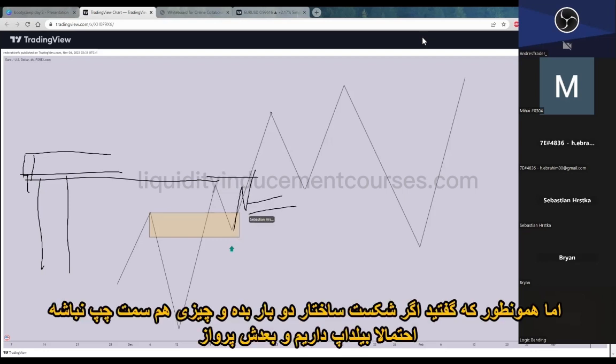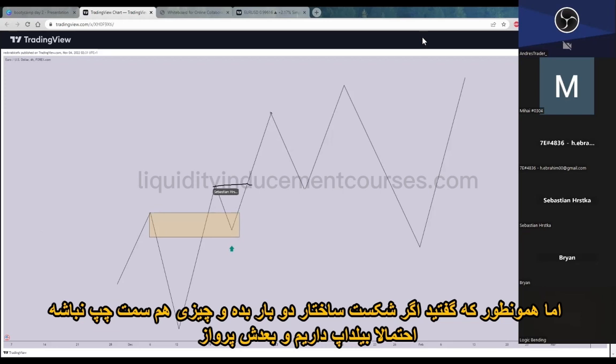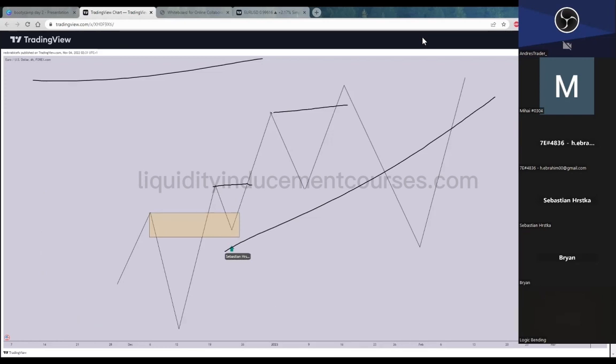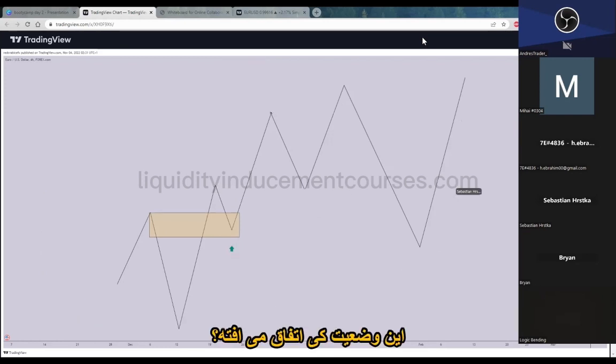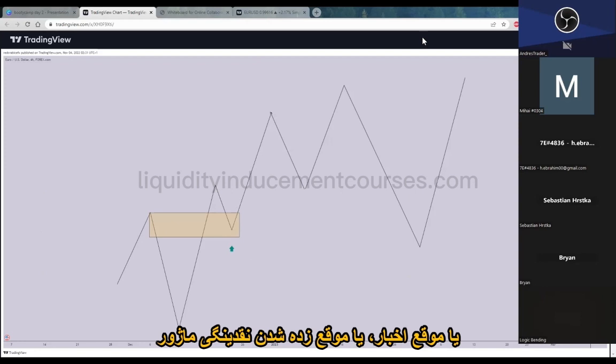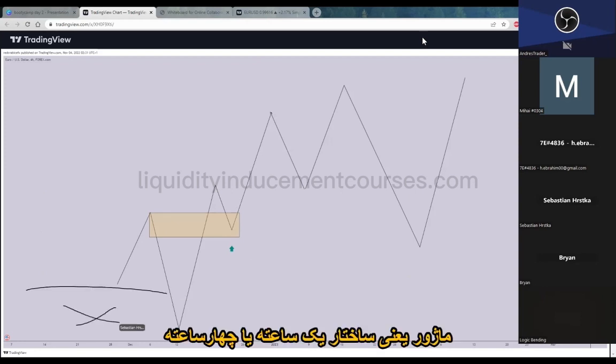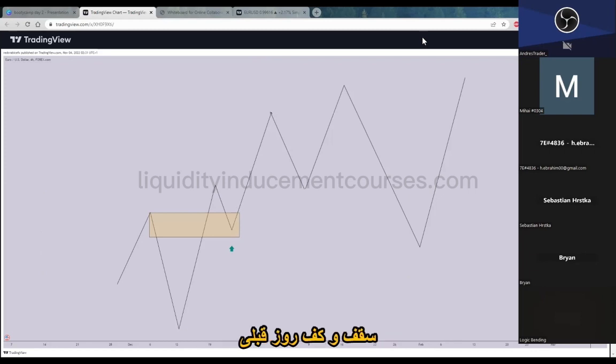But if price broke two structures and there's nothing on that, it's most probably going to build up and then fly. When does this happen? On news or a major liquidity grab. Major meaning 1 hour structural points, or 4 hour, previous day low, previous day high, previous week low, previous week high. We're going to talk about that as well. So let's continue.